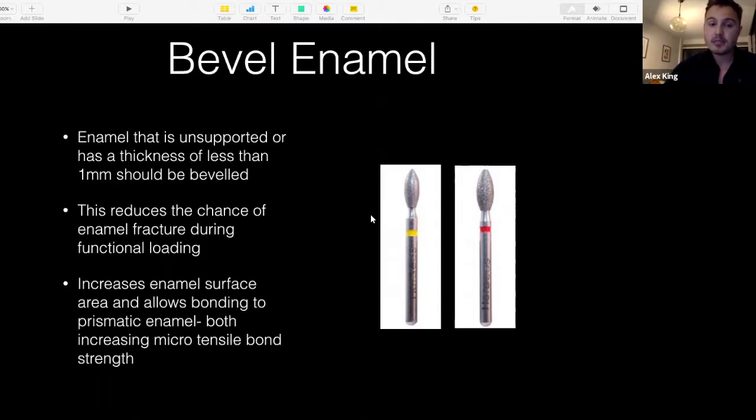Any enamel that's unsupported and has a thickness less than 1 millimeter should be beveled, because when it's under functional load, so occlusal load, especially if you haven't verticalized occlusion, so if you haven't got an ideal occlusion on that actual restoration, those enamel prisms will fracture and you'll lose your bond strength to the enamel. So this is one reason we bevel.